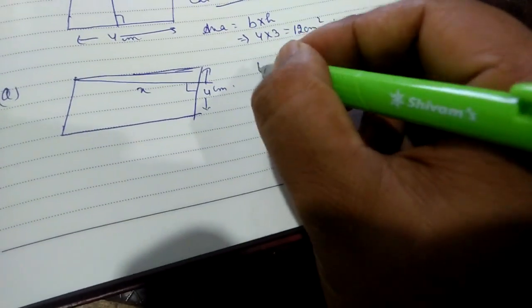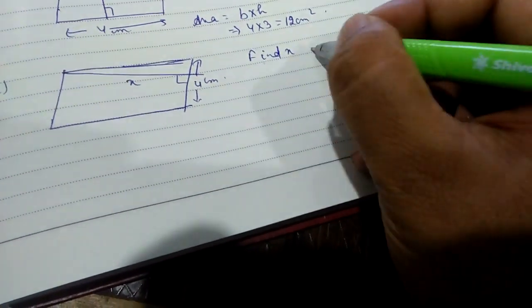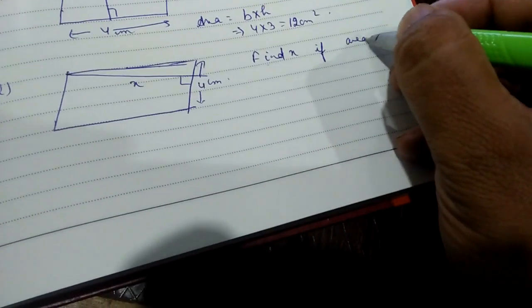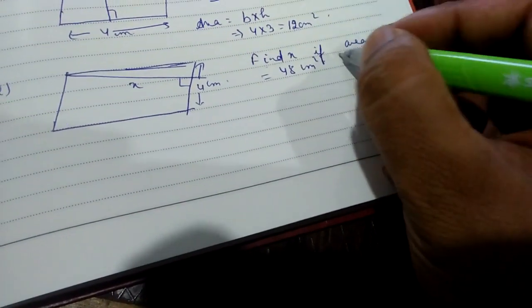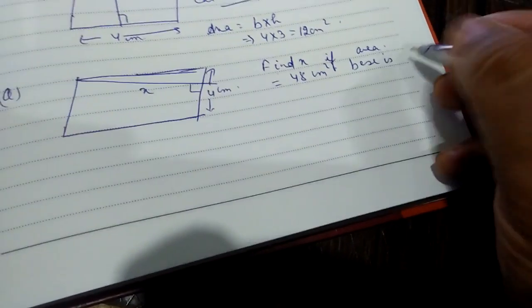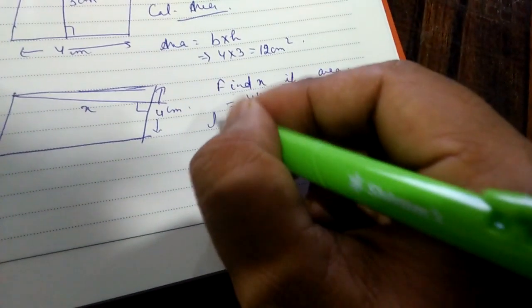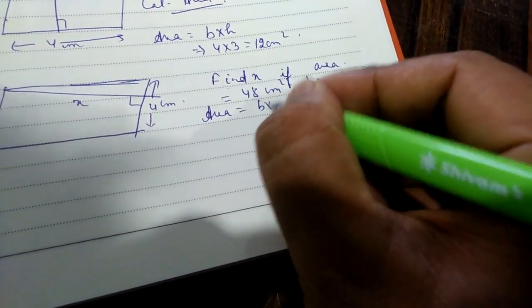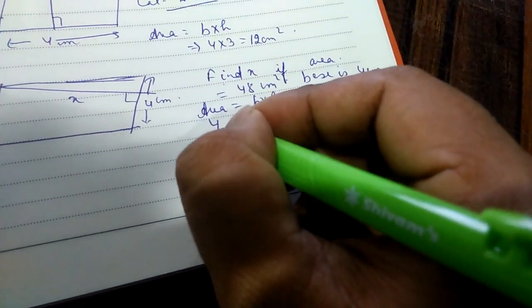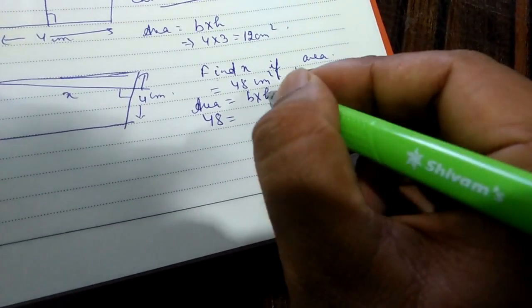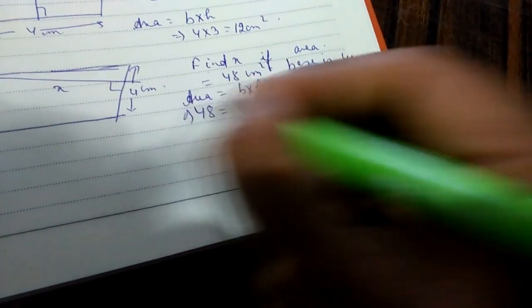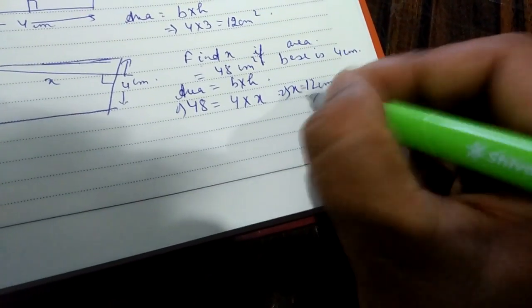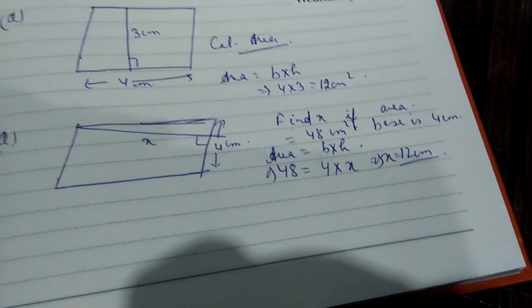So find x if area is 48 centimeters square and base is 4 centimeters. Area is equal to base into height. Area is 48, base is 4, height x is equal to 12 centimeters. Okay, simple enough.